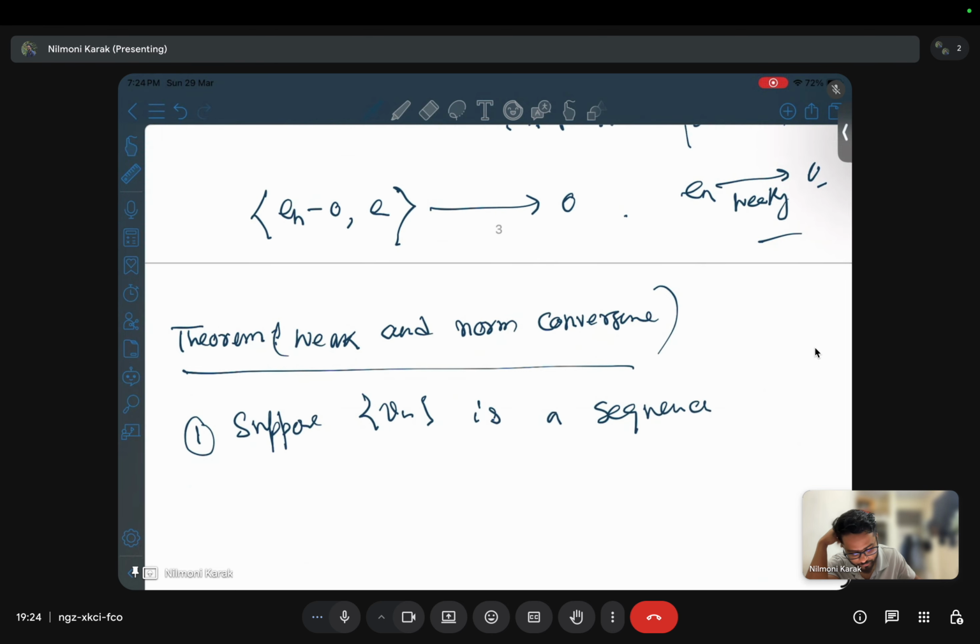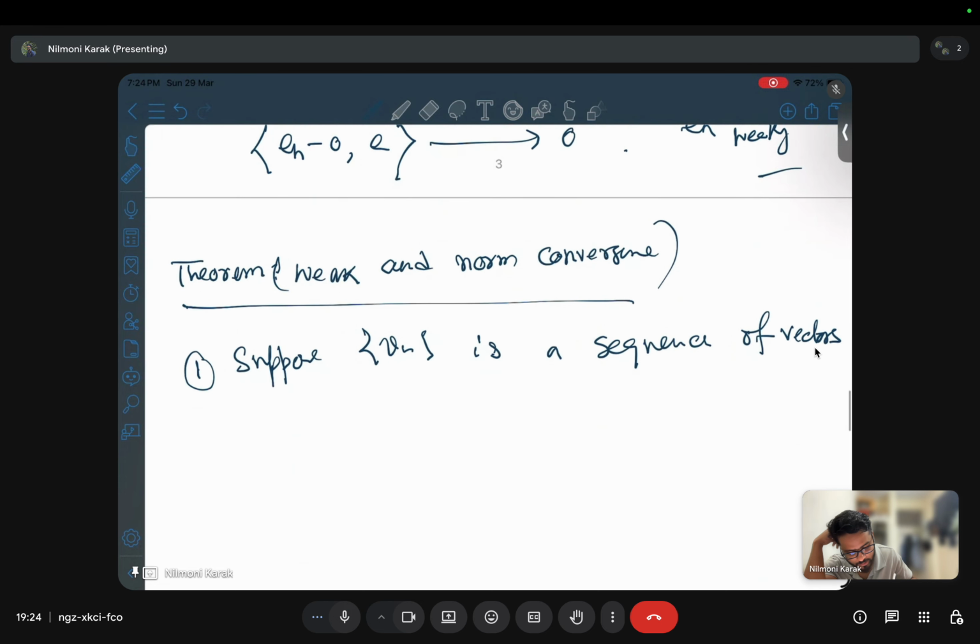Suppose Vn is a sequence of vectors in a Hilbert space H converging weakly.